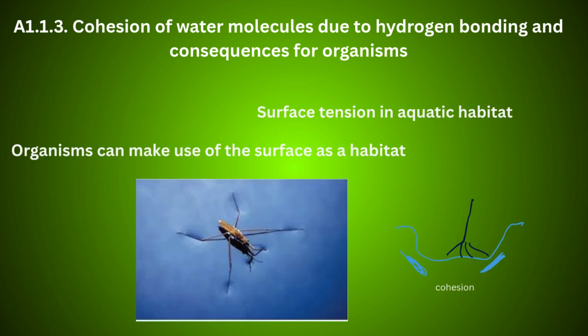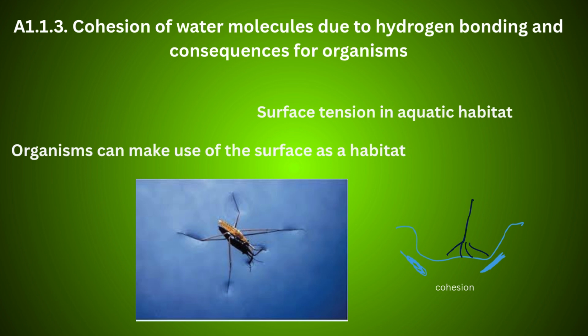Not only is cohesion important for the insides of some organisms, but it's important in creating habitat space for others. Here we can see this insect living on the top of the water. It's not floating in the water like you and I might float in a swimming pool. It's not getting wet. It's not even breaking the surface of the water.